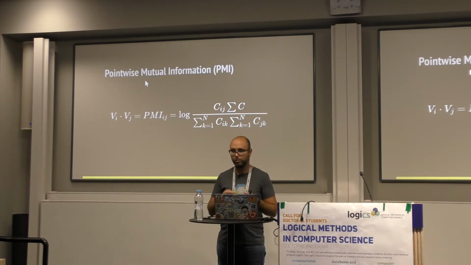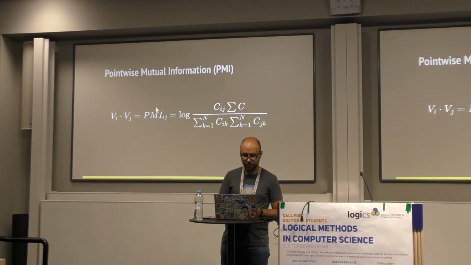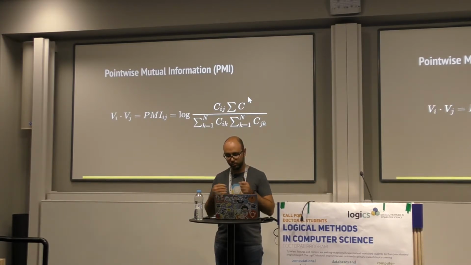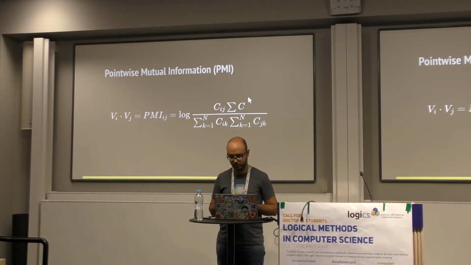It optimizes for pointwise mutual information. So we say that we calculate the scalar product of our embedding vectors as the pointwise mutual information, which is calculated in turn from the cells of our co-occurrence matrix. We have a proper embedding with all the properties which you would expect from an embedding. So we can do associations, you can do clustering, they are grouped together, and so on and so forth.